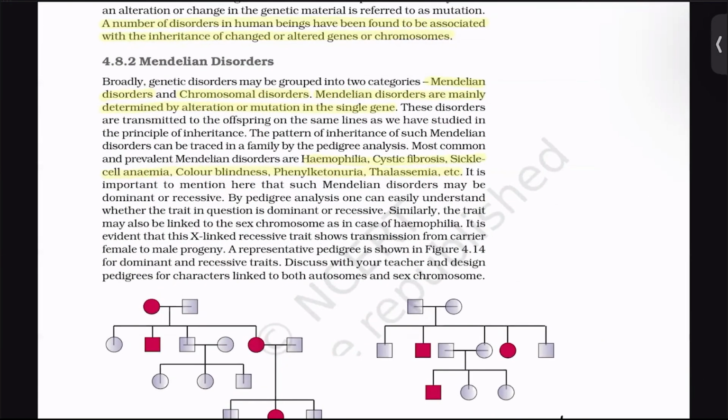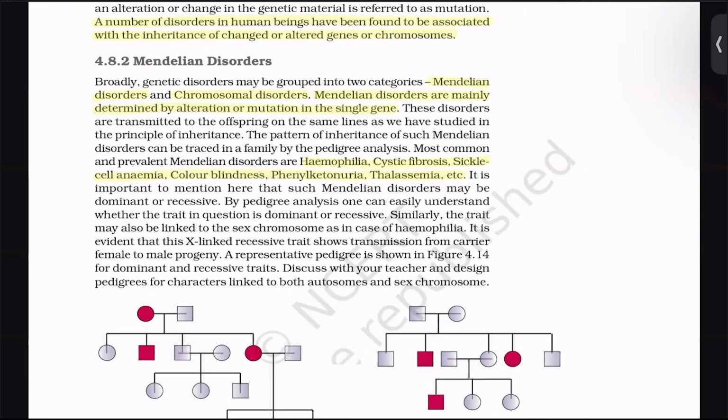So Mendelian disorders. What are Mendelian disorders? Genetic disorders can be classified into 2 groups: Mendelian disorders and chromosomal disorders. Mendelian disorders are determined by mutations in a single gene, at a small level.